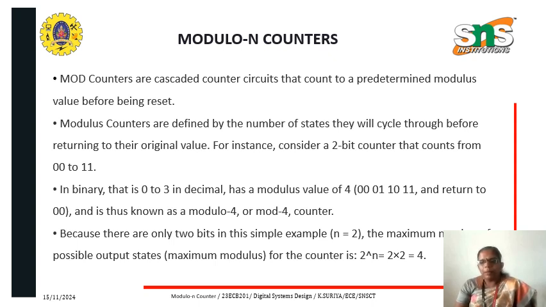Counters, on the other hand, can be designed to count to any number of 2 power n states in their sequence by cascading multiple counting stages into a single modulus or mod n counter. As a result, to count a single data bit while providing 2 power n different output states, a mod n counter will require n flip-flops connected. It should be noted that n is always a whole integer value.